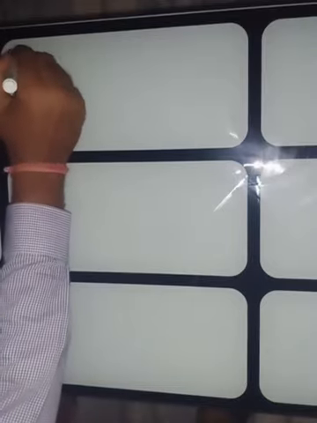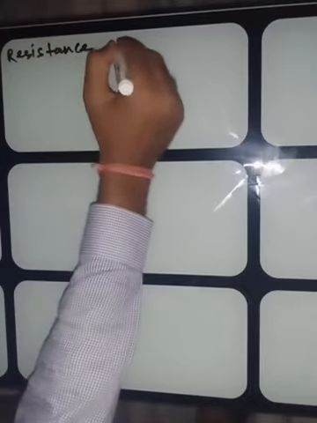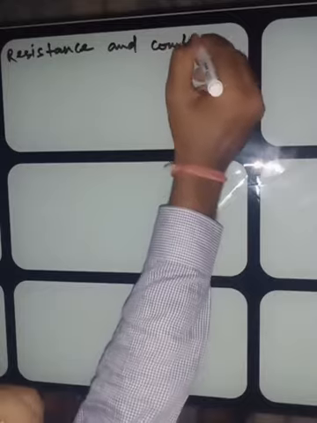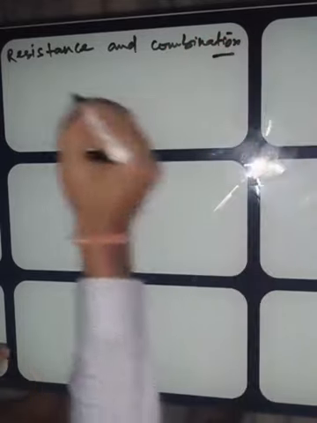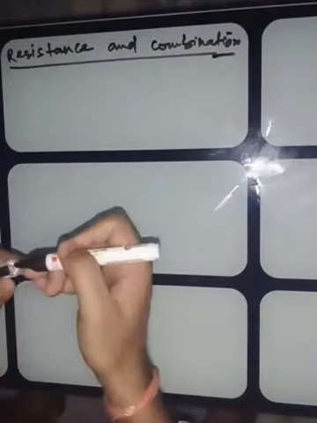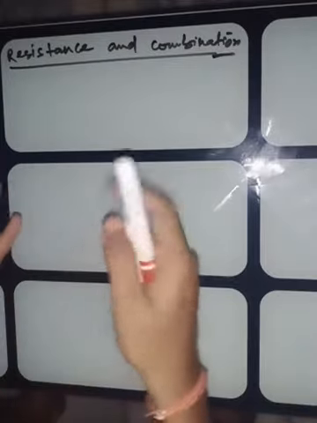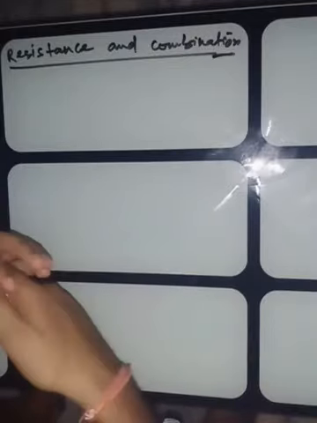Resistance and combination. Okay, so already we have studied about resistance. What is this? The resistance is nothing but the obstacle offered by the charge carriers to the conductor in which the current is flowing.